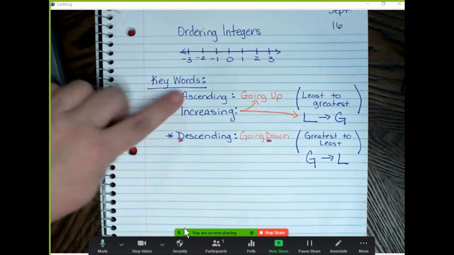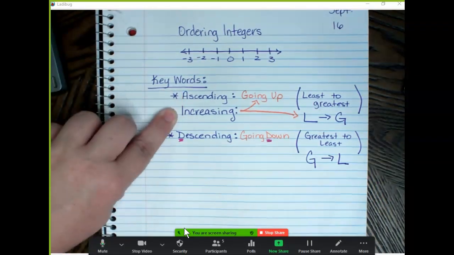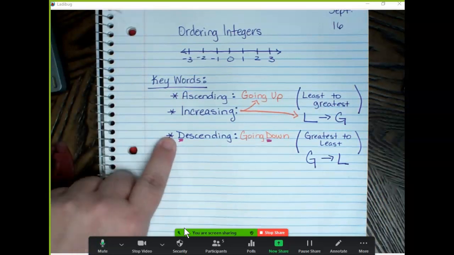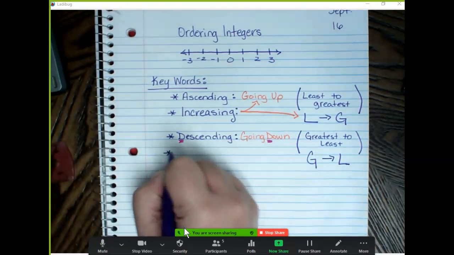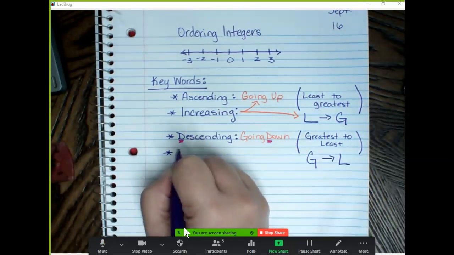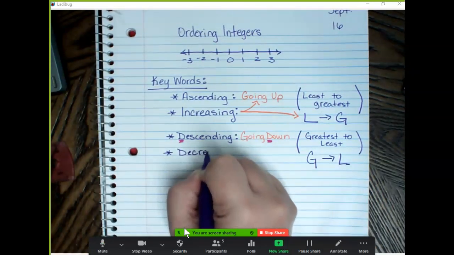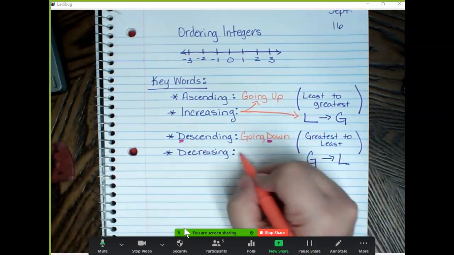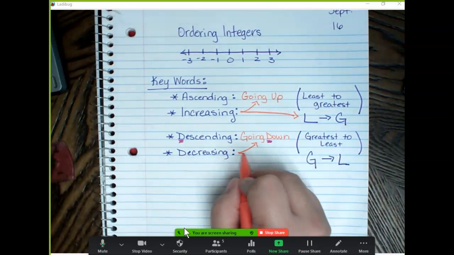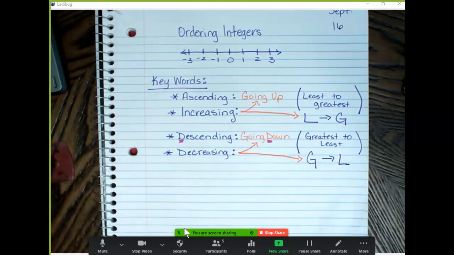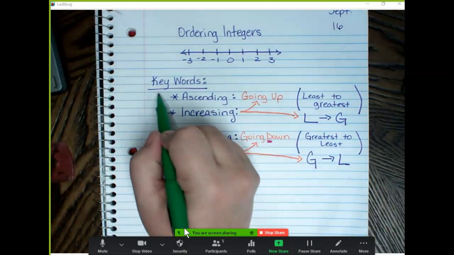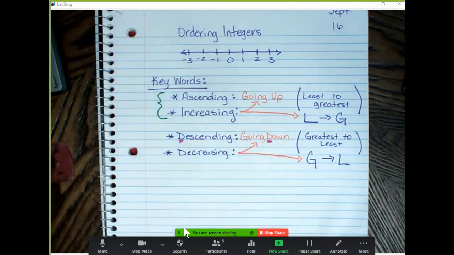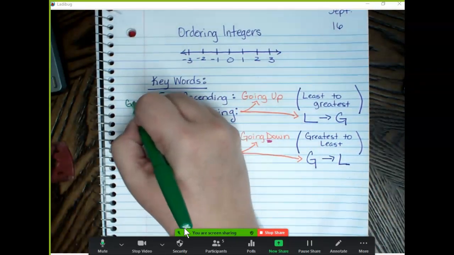So before, going up was ascending and increasing. Going down is descending and decreasing. Decreasing also means to go down, to get smaller, to go from greatest to least. So ascending and increasing mean my numbers are getting bigger.